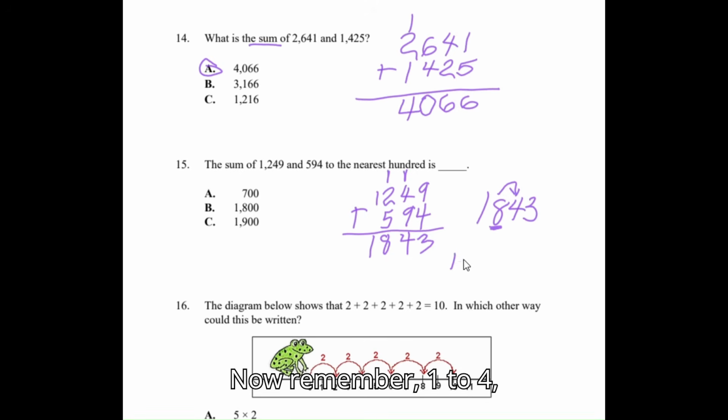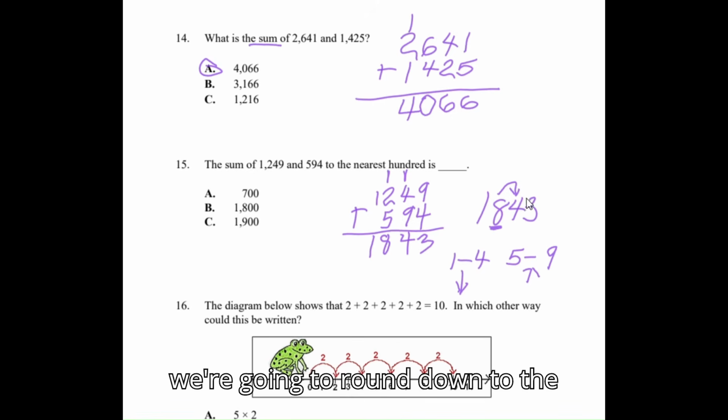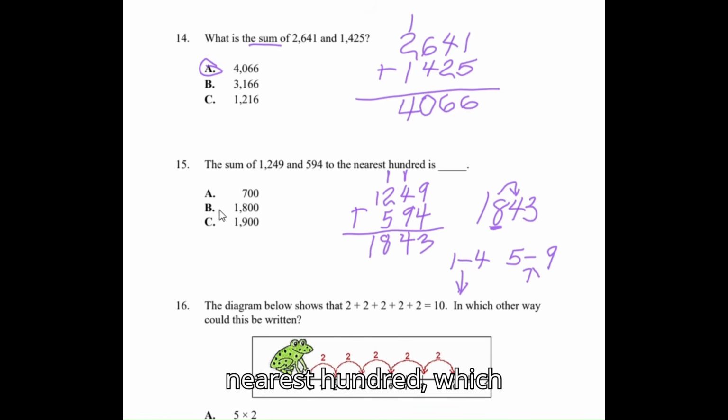Now remember, 1 to 4 we round down, and then 5 to 9 we round up. So 4 is there, so we're going to round down to the nearest 100, which is 1800.